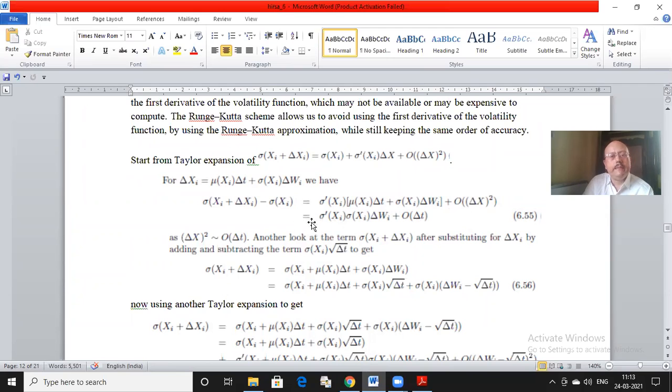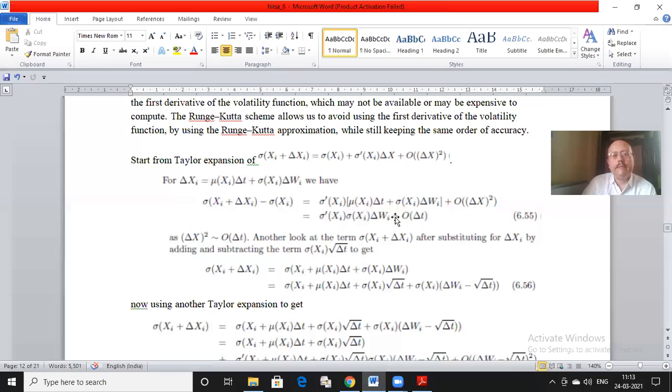So I write this whole expression as sigma prime sigma delta W plus some term of order delta t. I collect the mu and the order of delta X squared terms together and put them in order of delta t. So that is my error of approximation. What I am doing is trying to arrive at a reasonable approximation for sigma prime in an indirect way.